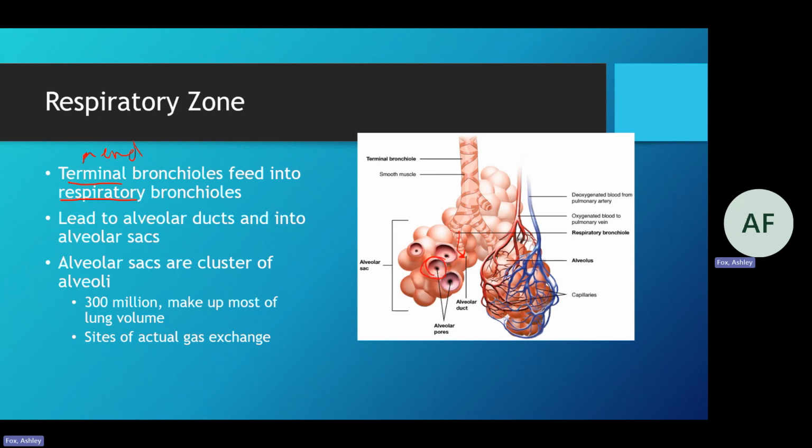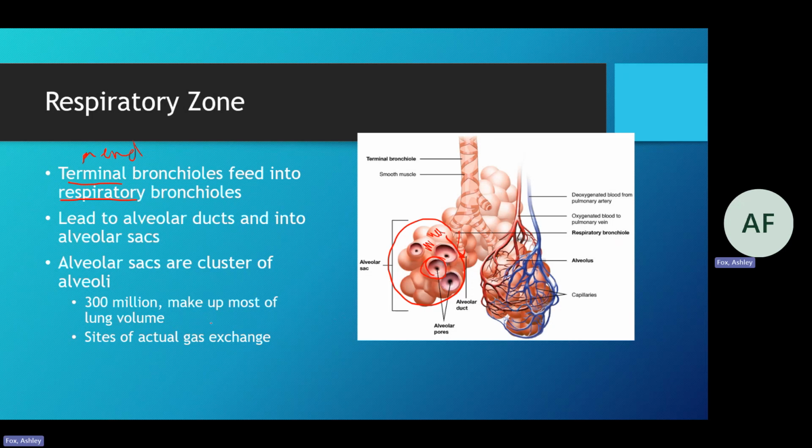The alveolar sac is kind of like a cluster of grapes. You can think of the respiratory bronchiole as the stem of your cluster of grapes. Each grape is called an alveolus, and alveoli is plural. So this is an alveolus, this is an alveolus, multiple are alveoli.